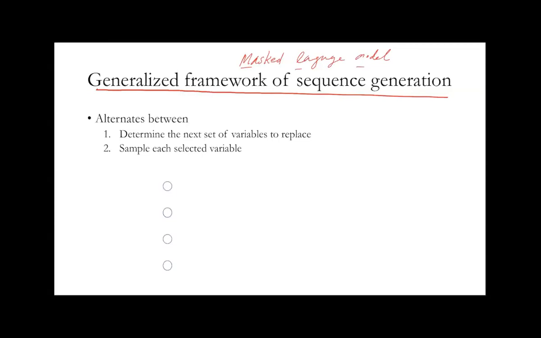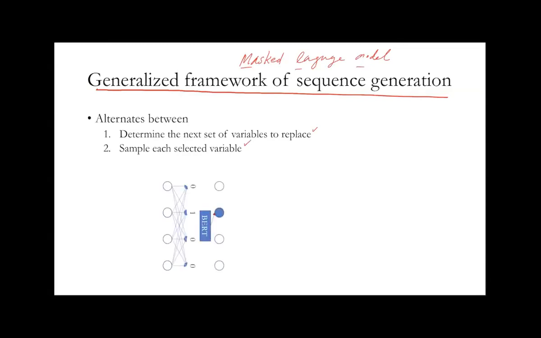And this whole procedure can be written down as alternating between first determining the next set of variables to replace, and then, given the determined set of variables, deciding which words should go in. Does that make sense? Yes.